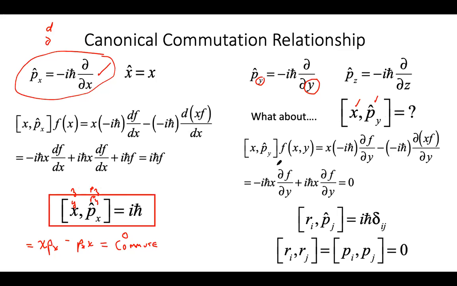All right, and so let's just check. Our procedure is always to put in a test function. And this was actually on the last midterm, as I recall. Won't be on this one, but you have to take these two guys just like we talked about. And so the first one is x times minus i h bar derivative of f with respect to y, because that's what the y momentum operator says, on this test function.